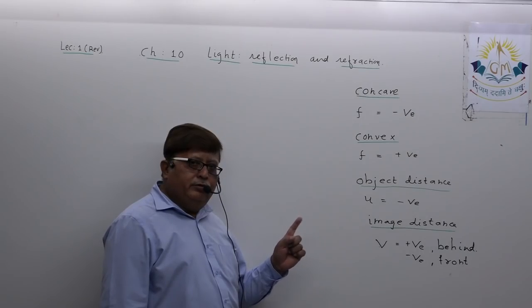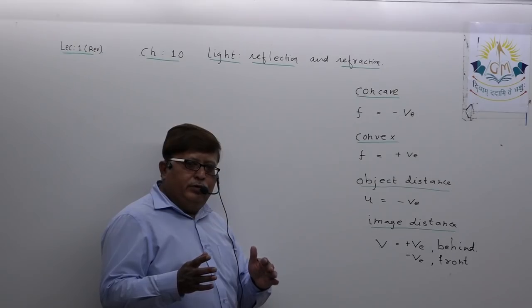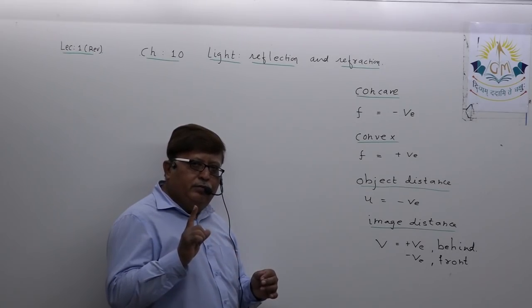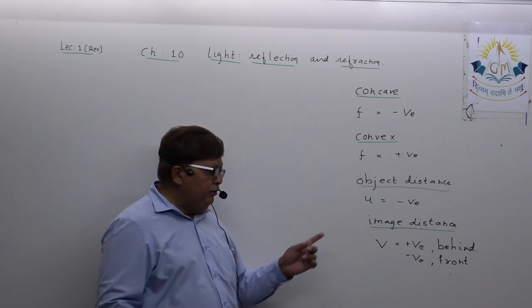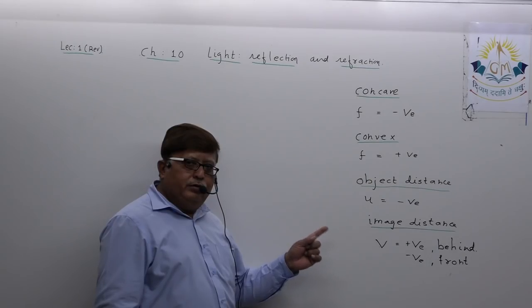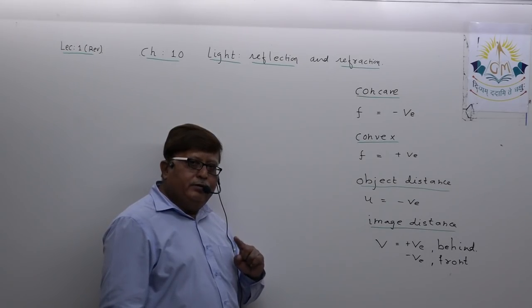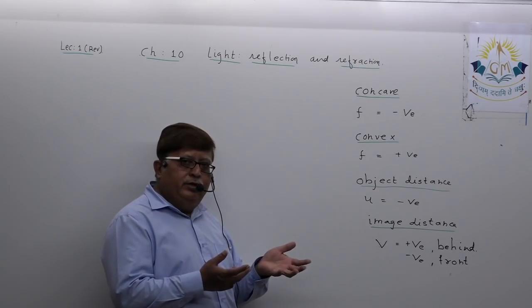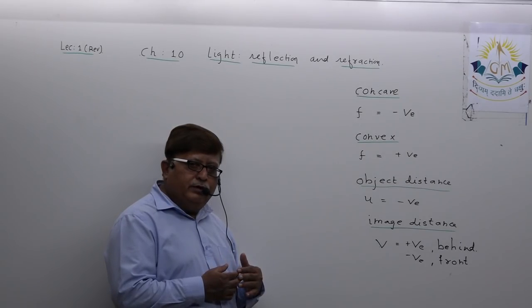Image distance, dear student, may be asked in an example where the image is formed. Whenever you find V, the image distance, if it turns out positive, that means the image is formed behind the mirror, whatever the mirror may be, concave or convex.